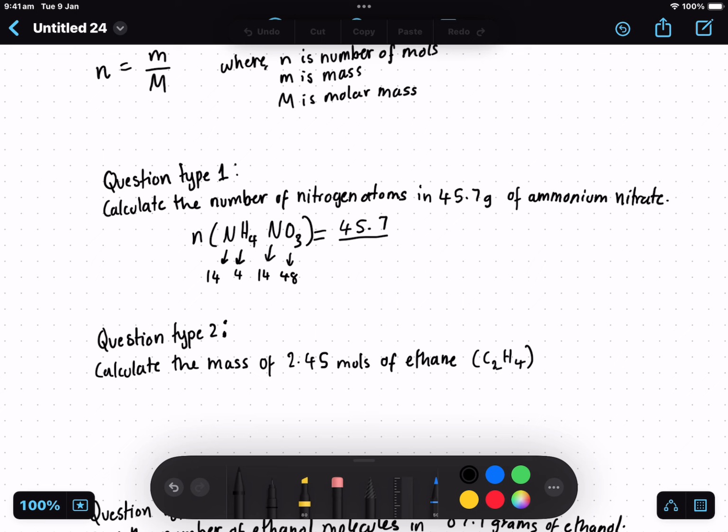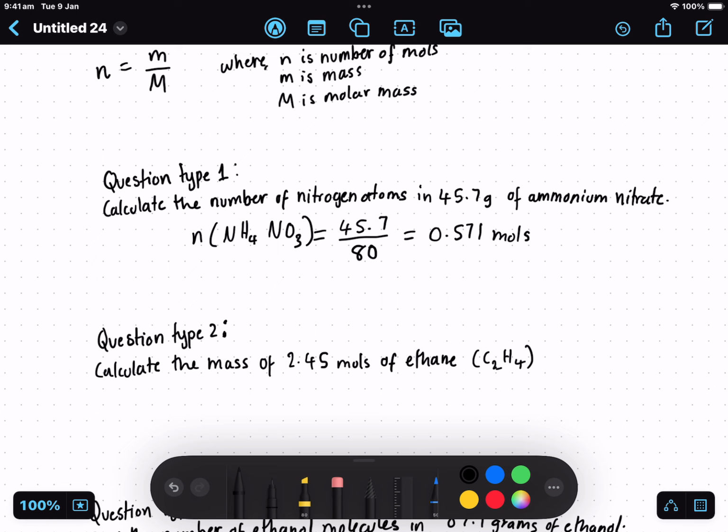If we add this together, we should get 80. So we divide by 80, and we should then get the answer of 0.571 moles. Now we've got the moles of ammonium nitrate.